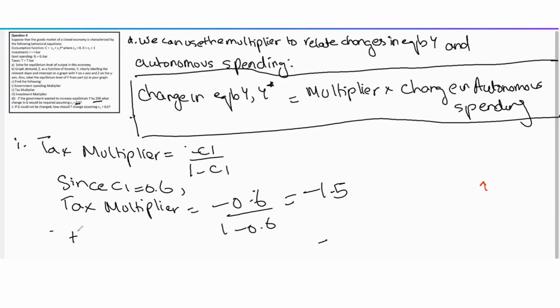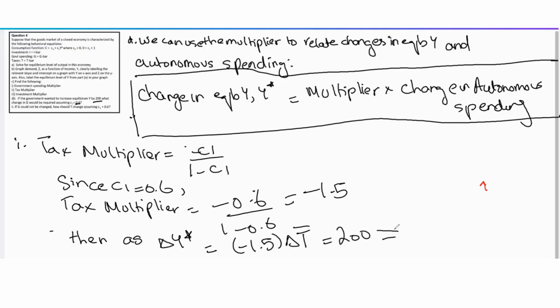So this is our tax multiplier, and once you have it, delta Y star is equal to the multiplier, minus 1.5, times delta T bar. Because we're using delta T bar, we're using the tax multiplier, while with delta G bar we were using the government spending multiplier. So this has to be equal to, sorry, 200. We want to change equilibrium Y by 200.